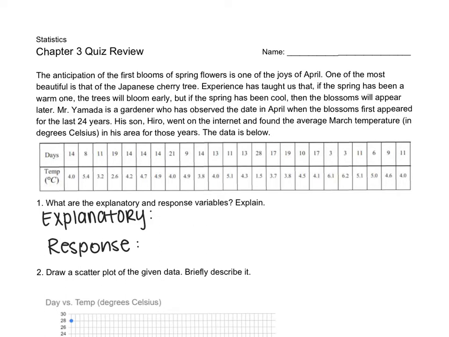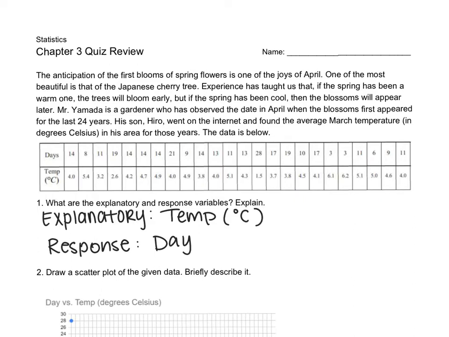So that leads me to believe that the temperature is the one that is affecting the date that the blossoms appear. So my explanatory is going to be the temperature in degrees Celsius, and my response is going to be the day. Right?